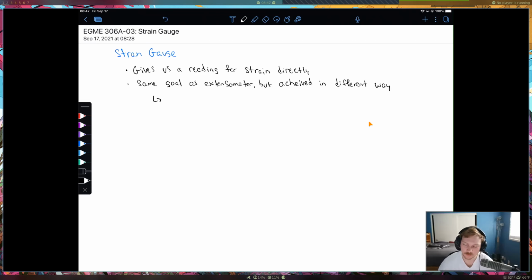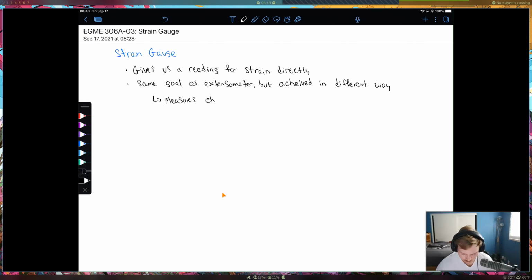This whole time I've been saying that we get the strain directly, but I haven't actually explained how the strain gauge gives us that. It does this by measuring changes in electrical resistance, and it converts that change in electrical resistance to strain by some fancy little formula that we're going to derive. It's not that fancy, actually.